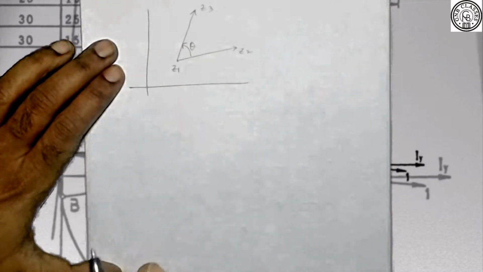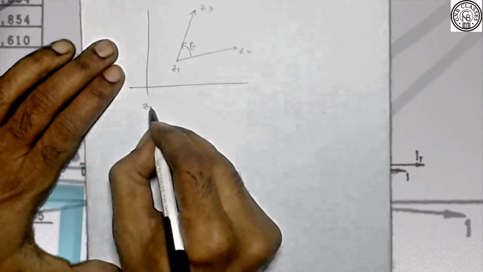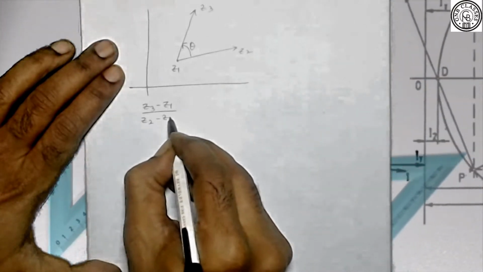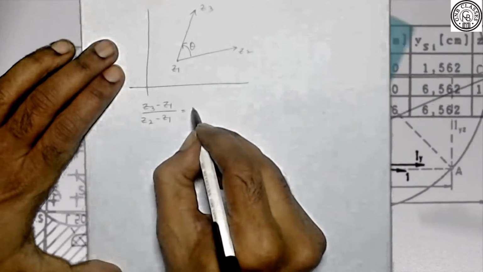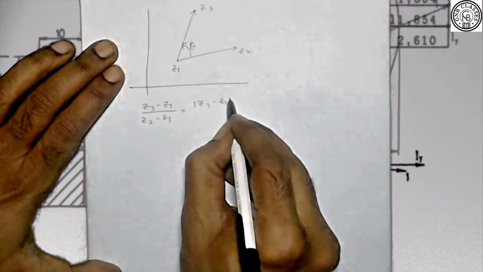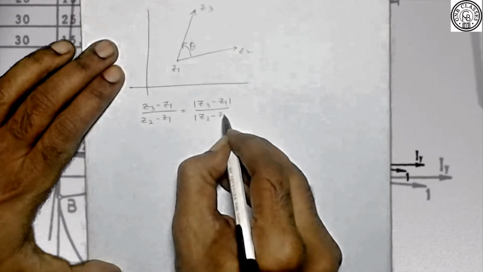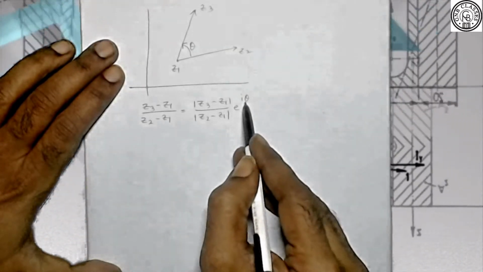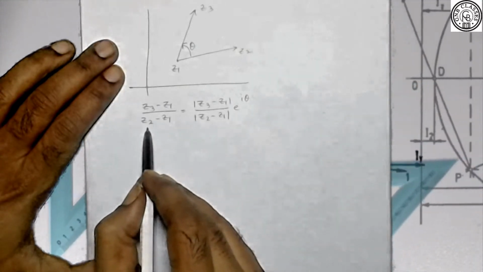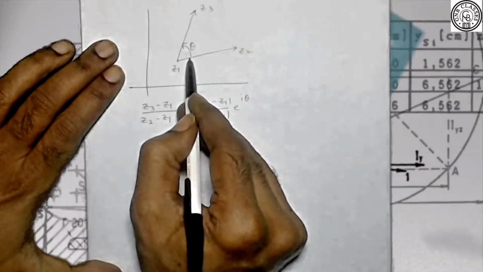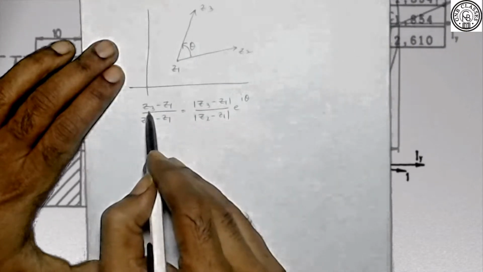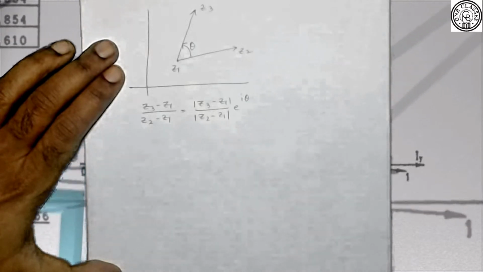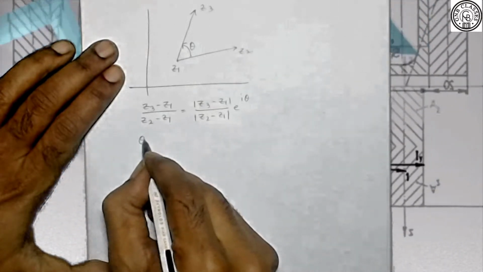Therefore, we can say from the rotation theorem that (Z3 minus Z1) divided by (Z2 minus Z1) is equal to mod of (Z3 minus Z1) by mod of (Z2 minus Z1) times e to the power iota theta. Am I correct? Theta is considered to be positive. Why? Because we have started from Z2 minus Z1 and headed towards the numerator, that is Z3 minus Z1. Is it clear?